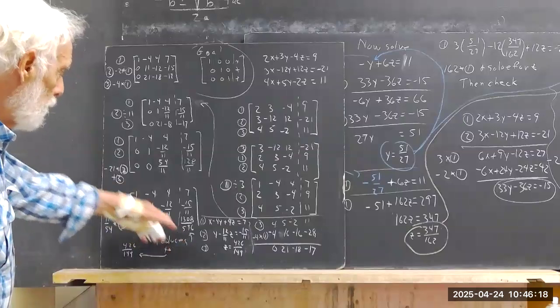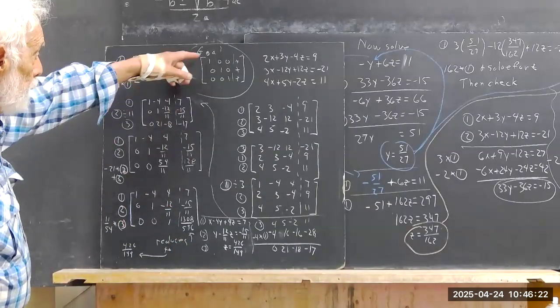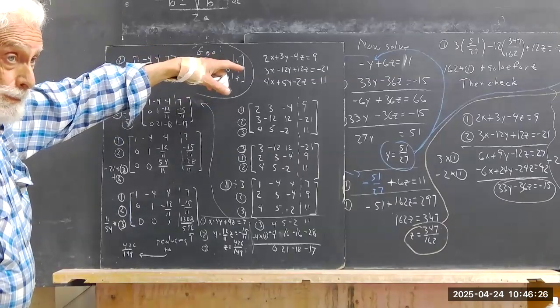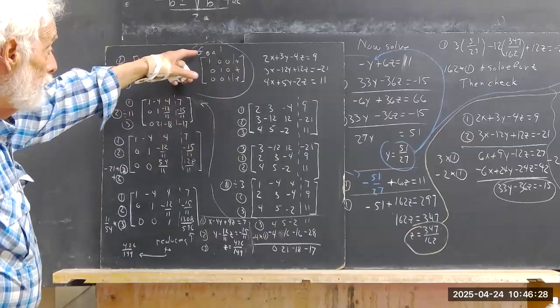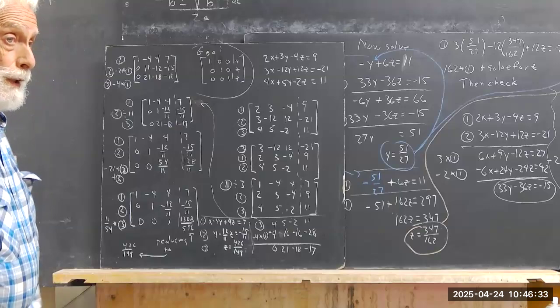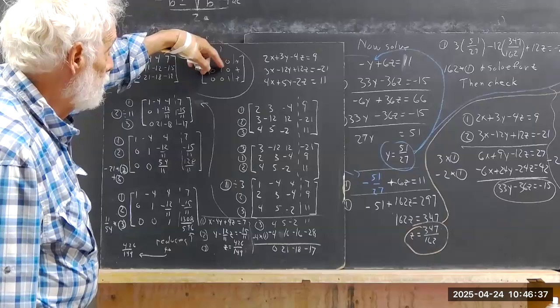Now, we call this upper triangular form. If we draw a diagonal down through this 3 by 3 matrix on the left, the diagonal has all ones on it and zeros down below. So what we have left is the triangle here.